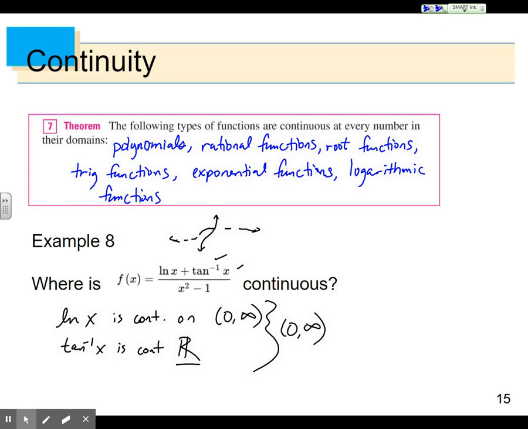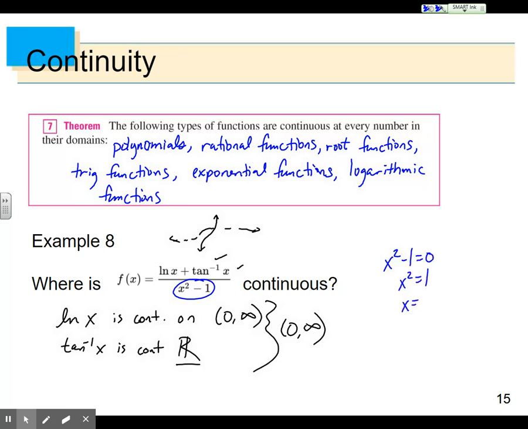Let's look at the denominator, though. In the denominator, I have a nice little polynomial function, x squared minus 1. It's actually a quadratic, and we know that quadratic parabolas are going to have a domain that goes from negative infinity to infinity. But it's in the denominator. I want to make sure I can find out where that denominator is equal to 0.